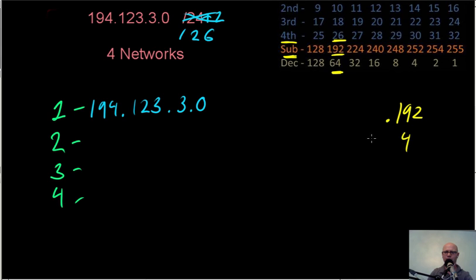Remember 4, 3, 2, 1. And remember, a continuous string of 1s followed by a continuous string of 0s in binary format. So if you wrote out 192, it would actually be 1, 1, and then 1, 2, 3, 4, 5, 6 zeros right there. So it is a continuous string of 1s and a continuous string of 0s.